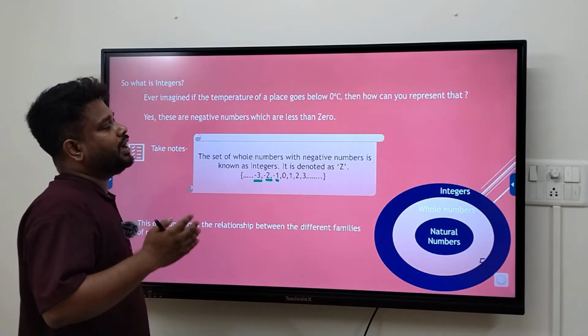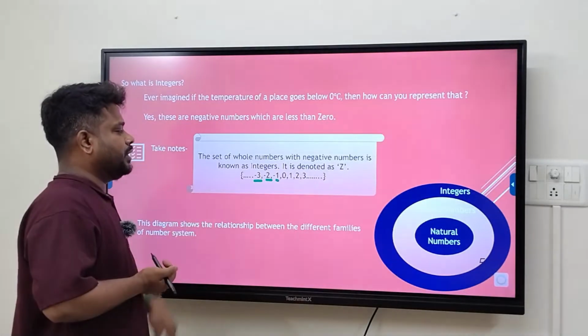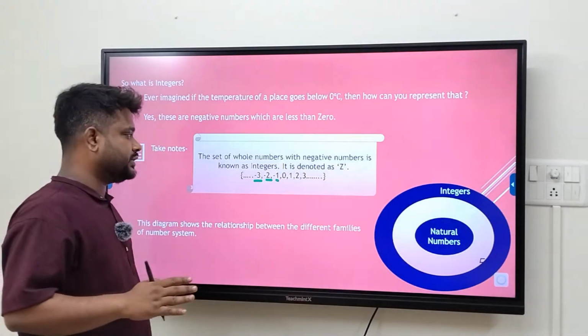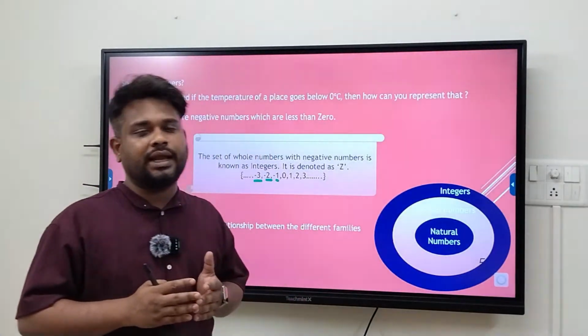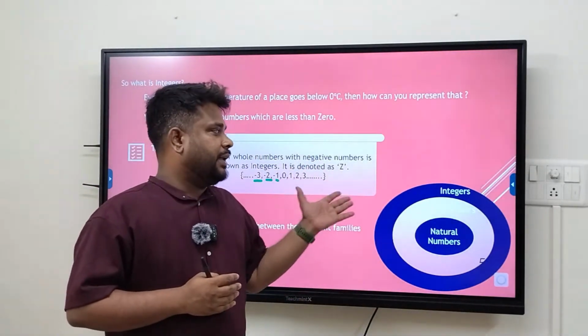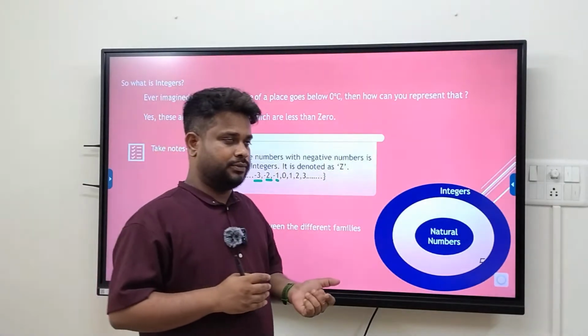Banks and mobile companies also used negative numbers before, but they don't use them now. But you can also tell me that borrowing and lending is a place where negative numbers are used many times.